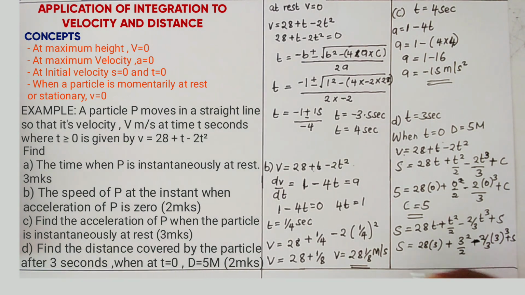So I get distance is equal to 28 times 3 is 84. 3 squared divided by 2, that is 4.5. I say 2 over 3 times 3 cubed, that is 18, minus 18 plus 5, that gives me 75.5, and that is in meters.